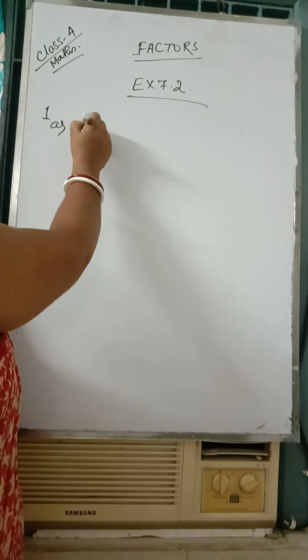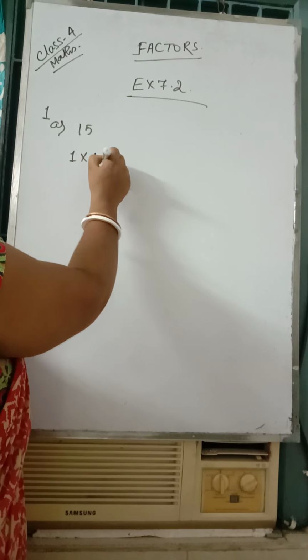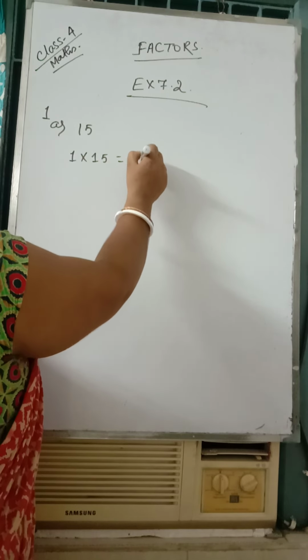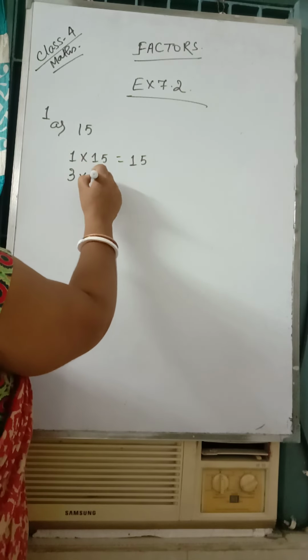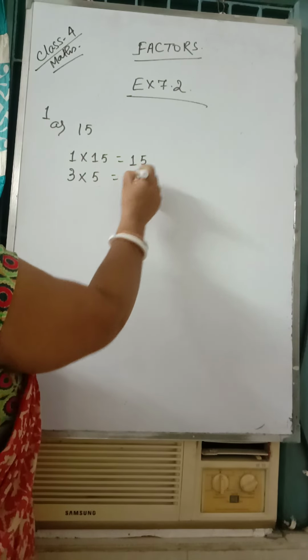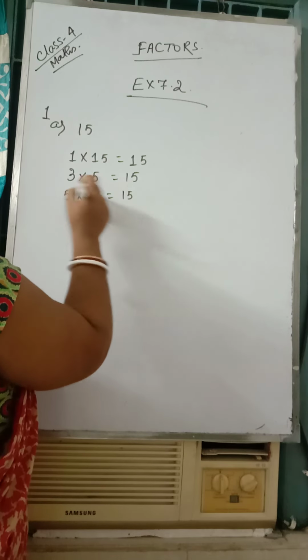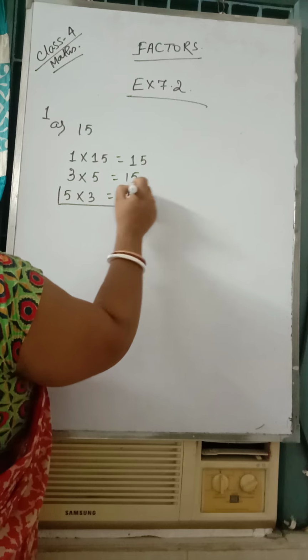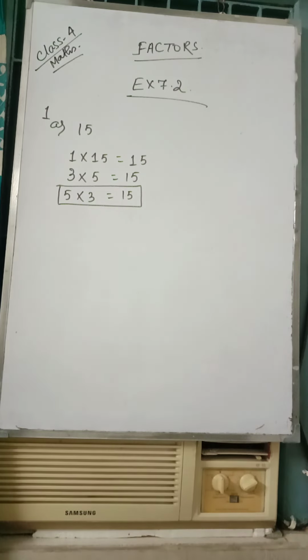A, 15. Now I need numbers which give 15 when multiplied. 1 times 15 is 15. It is not divisible by 2. 3 times 5 is 15. Then 5 times 3 is 15. When you get the vice versa, 3 into 5, 5 into 3, stop immediately. No more multiplication.